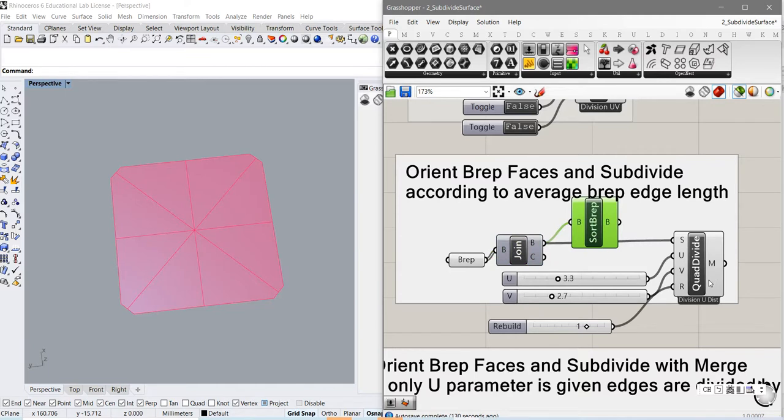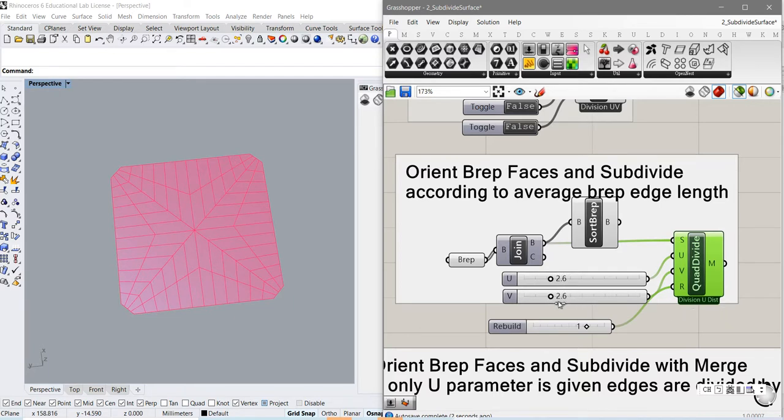Then you can divide it into quadrangles. Now you see that these quadrangles follow the original brep structure. The original brep structure divides this shape into triangles. So now when you do this quadrangular dissection, you can see that they are following the boundary, and you can change the dimension of it, and also the dimension here.